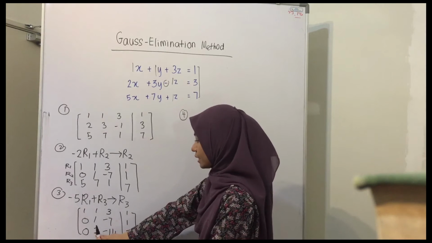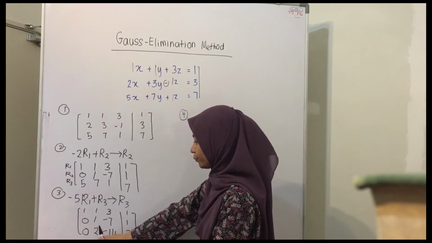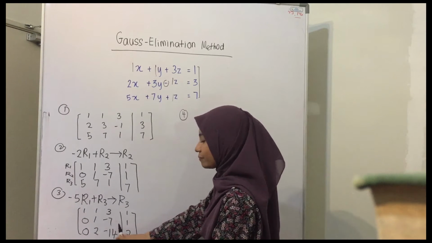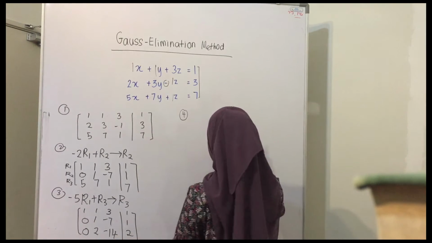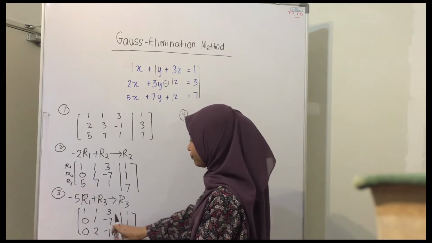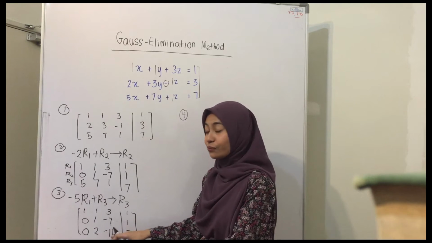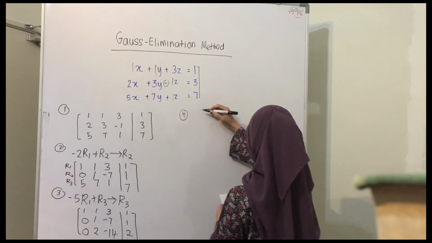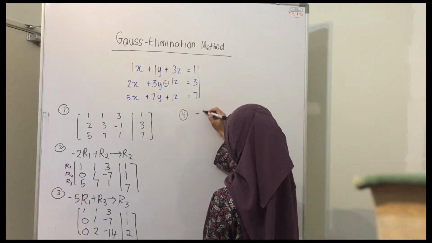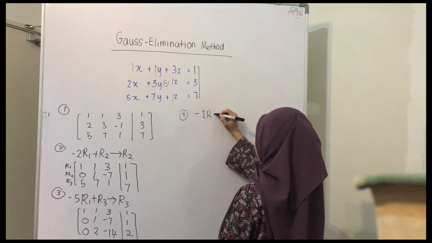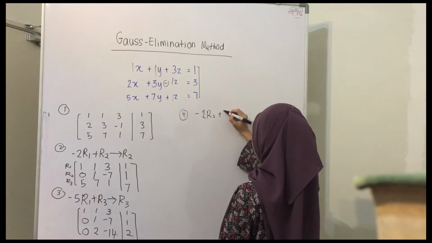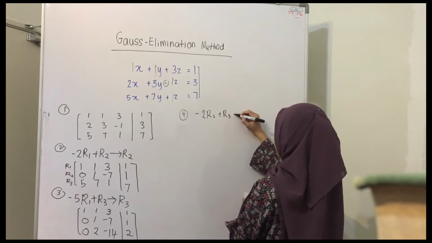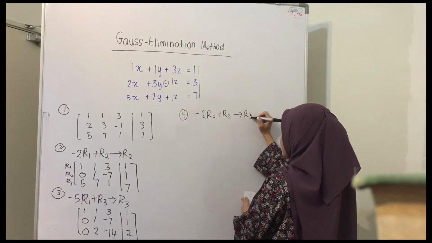we want to eliminate 2 to transform negative 14 to be 1, or if it can't transform to 1, then it will transform to 0. So step 4 is negative 2 R2 plus R3 is equal to R3.